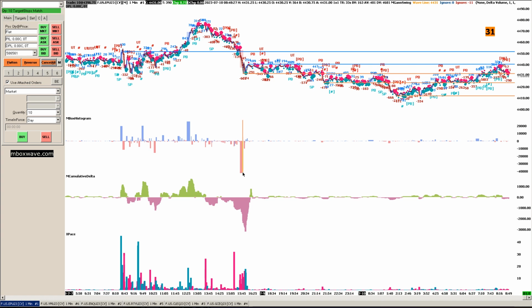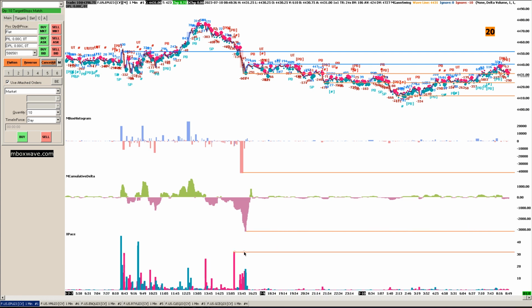Then I like to mark the extreme of the previous day for selling in the histogram, the delta. What was the extreme bid pace? And let's get the buying here.